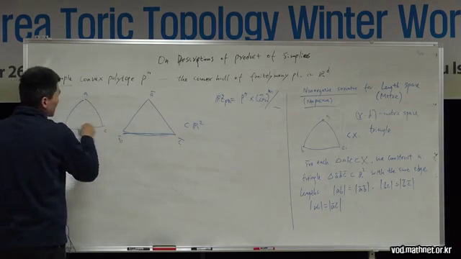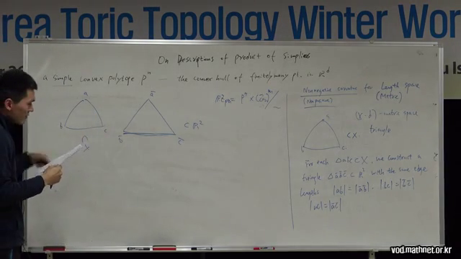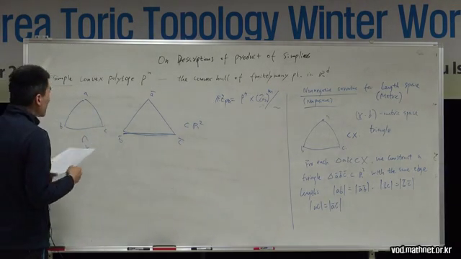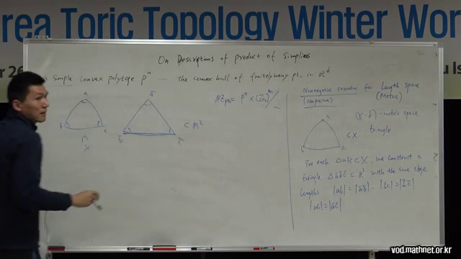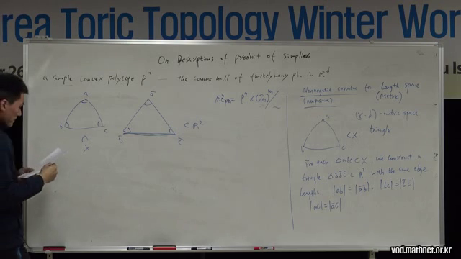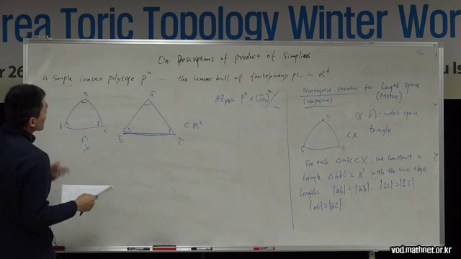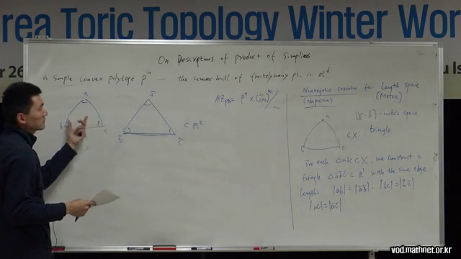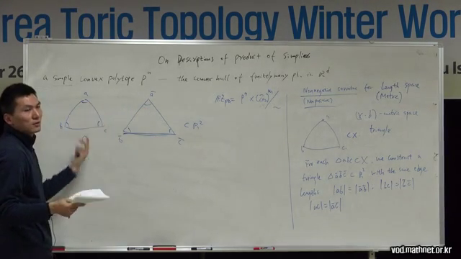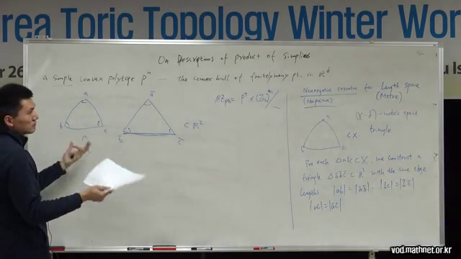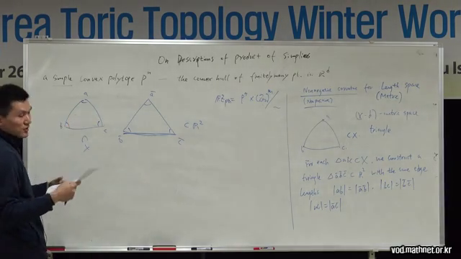They have the same edge lengths, and then we can compare their interior angles. Sometimes the interior angle could be smaller than this one, sometimes it could be bigger. So it depends on the property of the metric space.